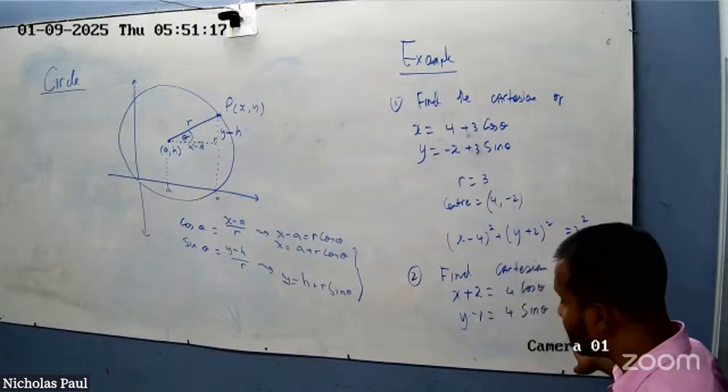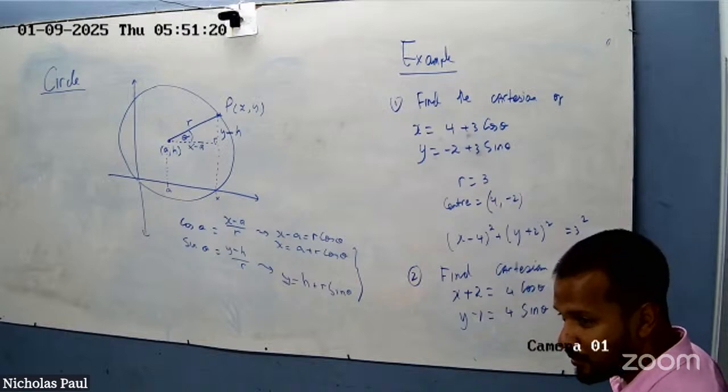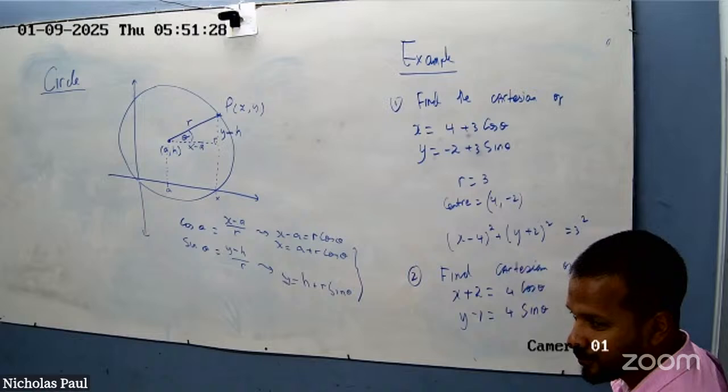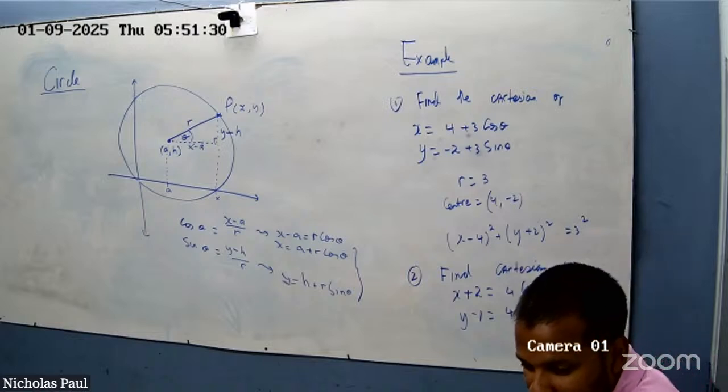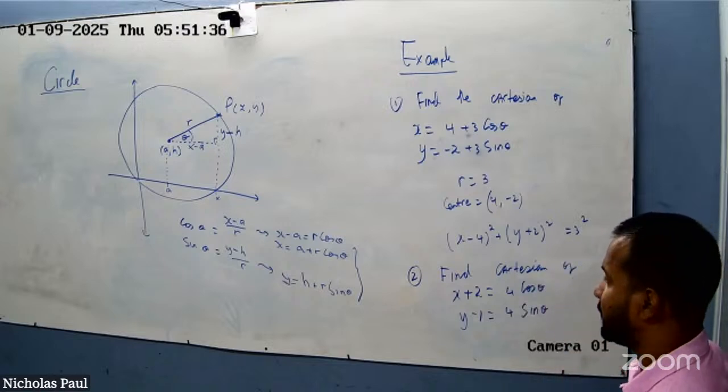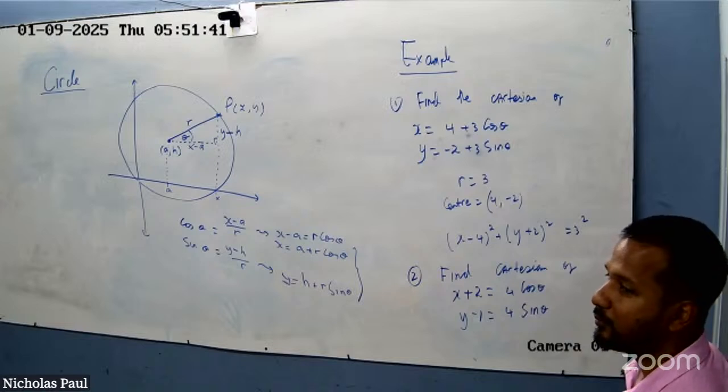For this one, the center was 4, 4. That's right. And the radius is 4.